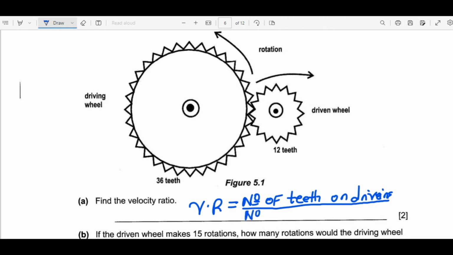So our velocity ratio will be 36 over 12, which gives us 3 as our final answer.